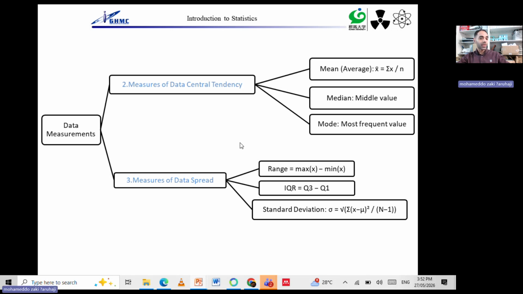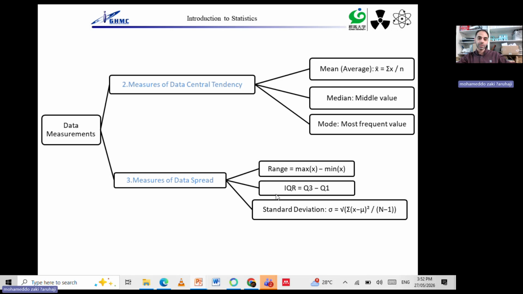Now, the other way is to measure the spread of our data, how my data is behaving, how it is going to be, or how it has been. To do this, we have to acknowledge three things: the range, something we call IQR, interquartile range, and the standard deviation.